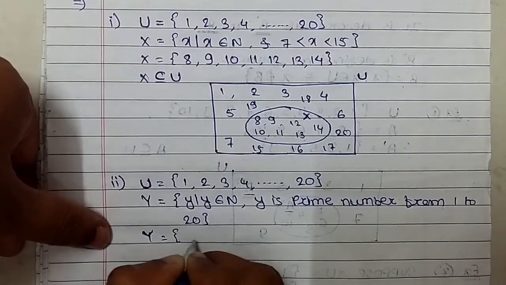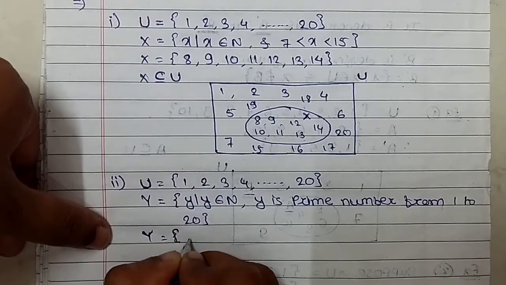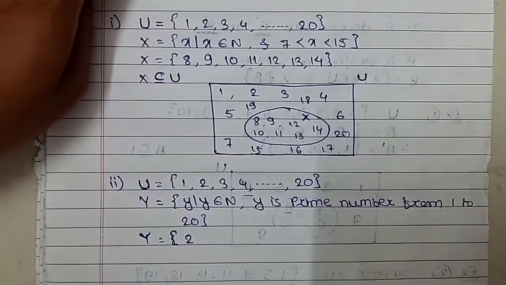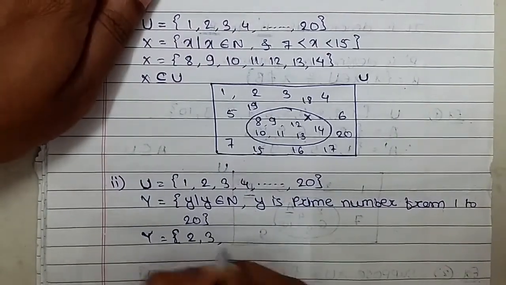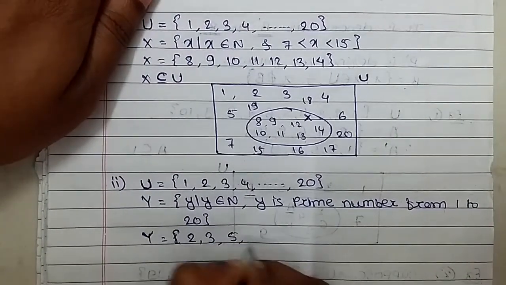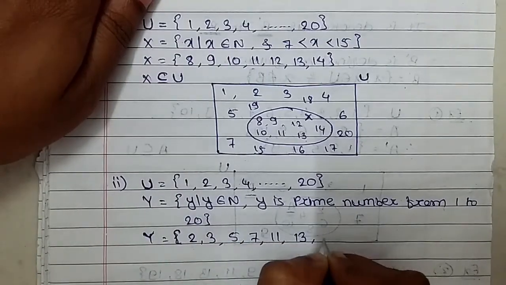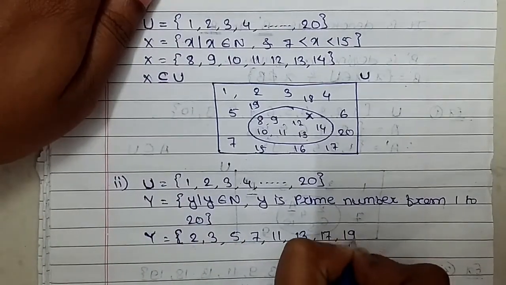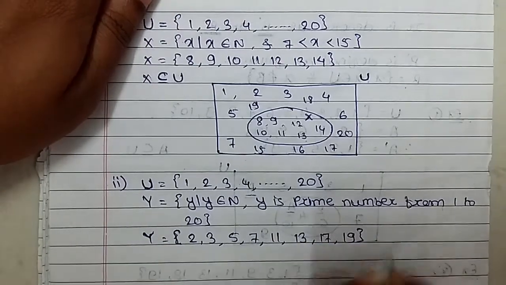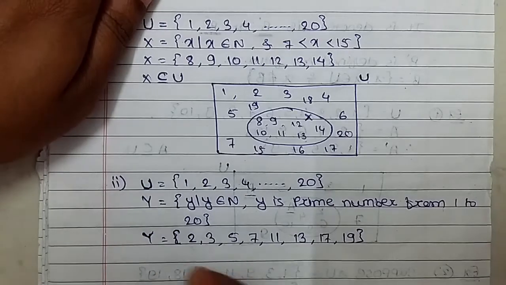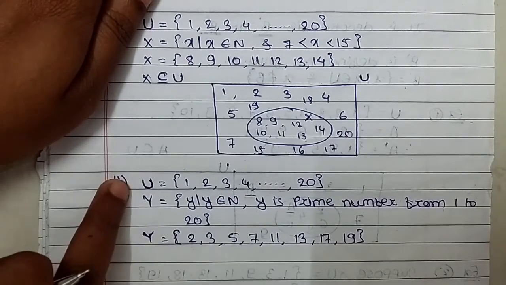So what is the first prime number? 2. Prime numbers are those numbers which are divisible only by itself and 1. So 2, then 3, then 5, 7, 11, 13, 17 and then 19. So these are the prime numbers between 1 and 20. Just tell me, is Y a subset of U?